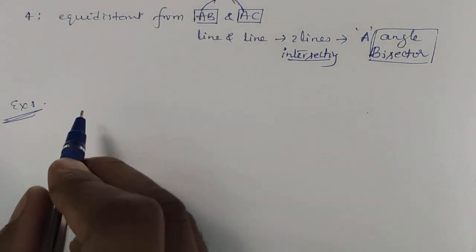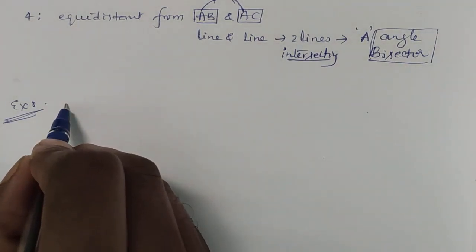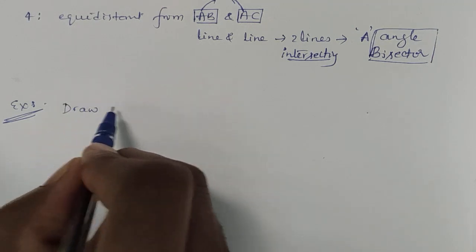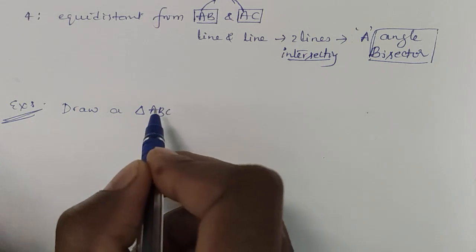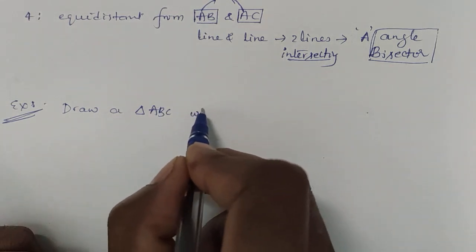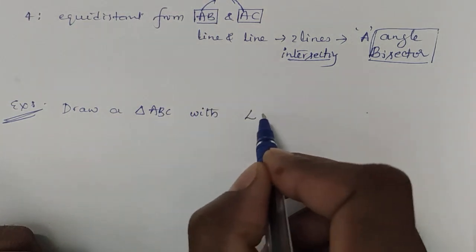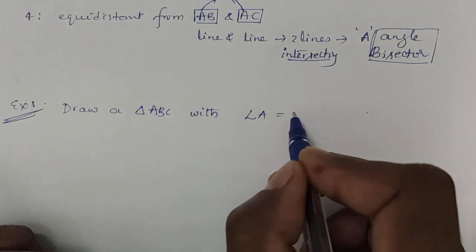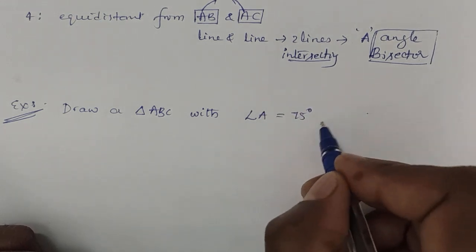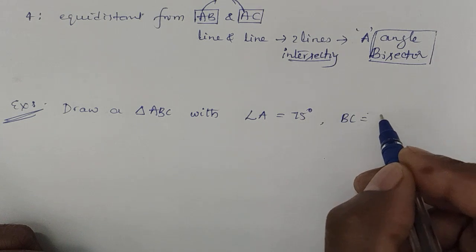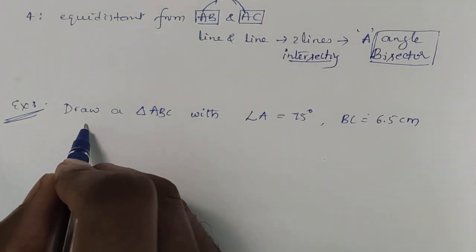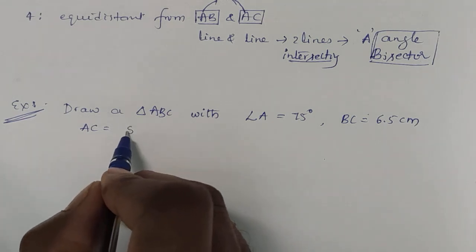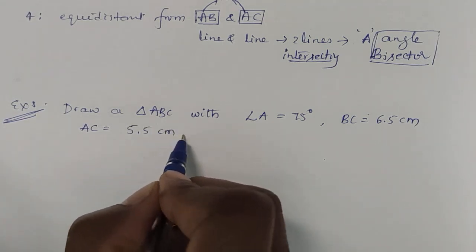Example: draw a triangle ABC with angle A equal to 75 degrees, BC equal to 6.5 centimeters, AC equal to 5.5 centimeters.